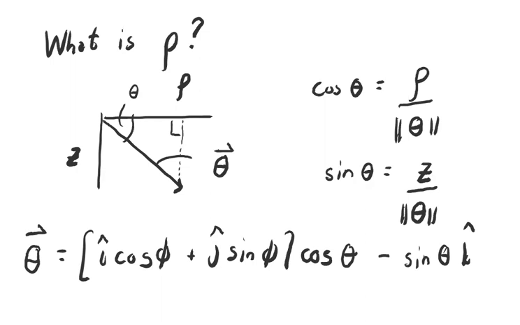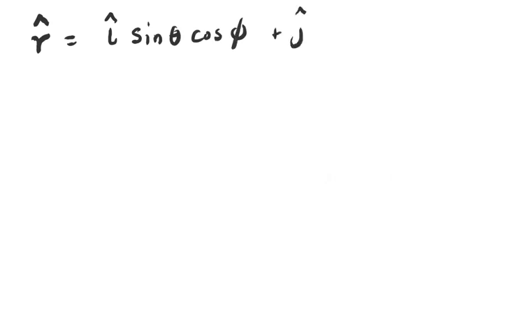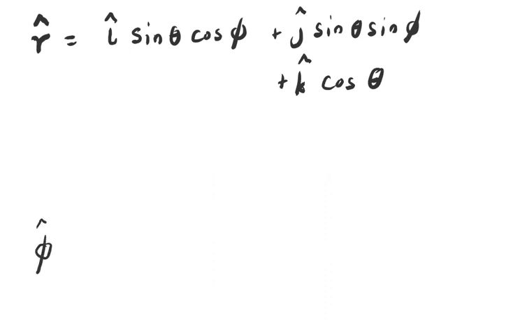And in the last slide, I'll just summarize all this. So what we have found is that r hat is i hat sine theta cosine phi plus j hat sine theta sine phi plus k hat cosine phi. We have found an expression for, let's do the easier one, phi hat.